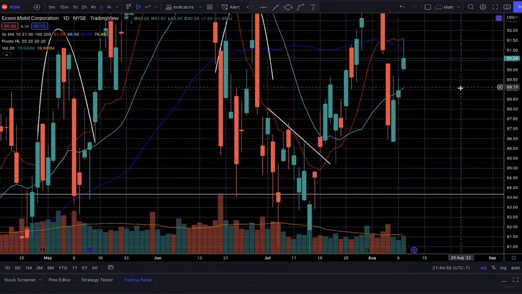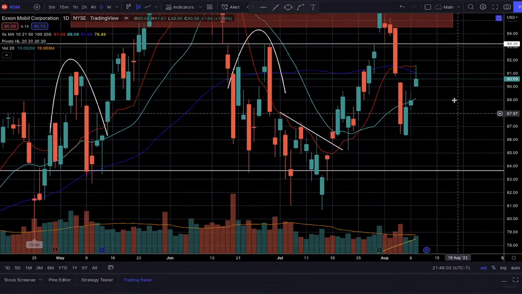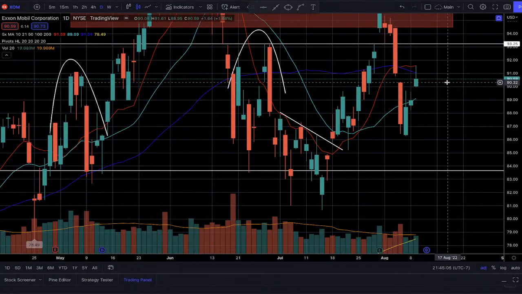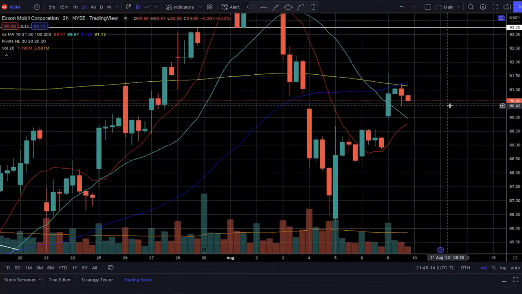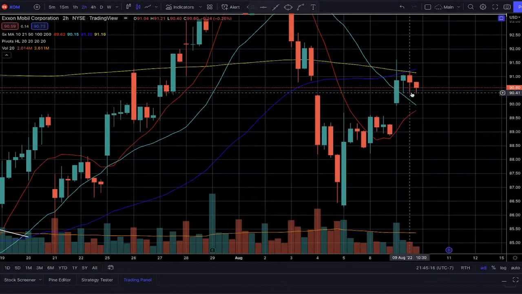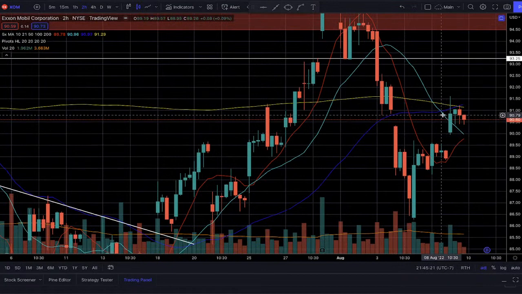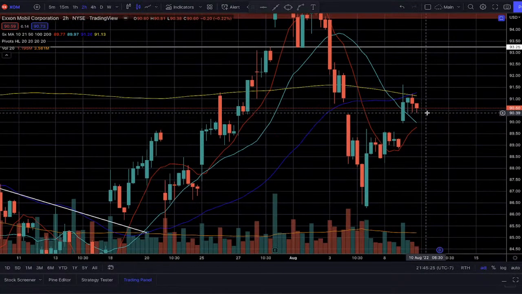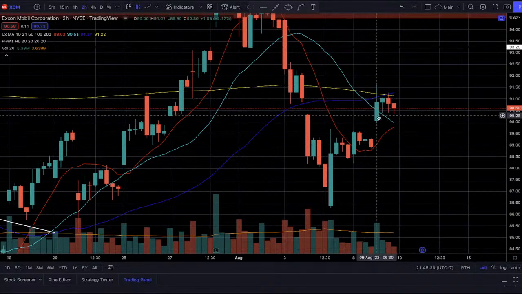Okay, and I could see some more downside and further downside in the near-term future for energy. So I would expect to see a nice possible entry below 90.50 for puts for XOM. So if you go to the 2-hour time frame here, everything still looks a little bit bearish. All right, we're still staying underneath the 50 SMA, which should be a support if you want to see an uptrend in a 2-hour time frame. But so far we've reclaimed the 10 and 21 SMAs thanks to the gap up that we had today.